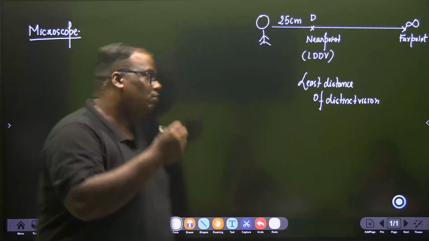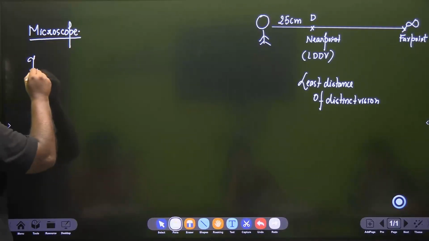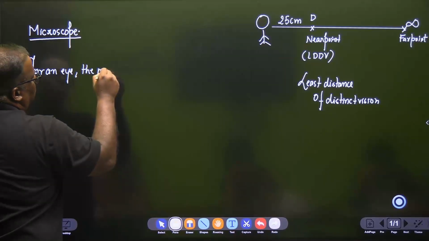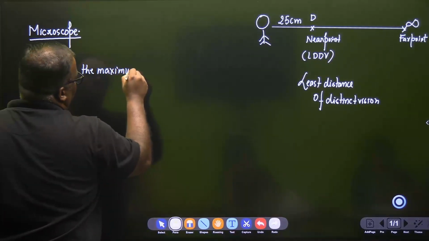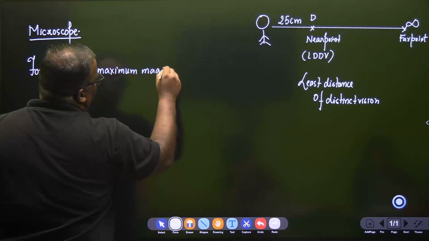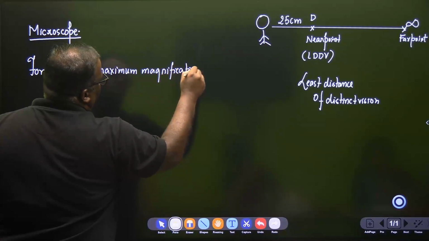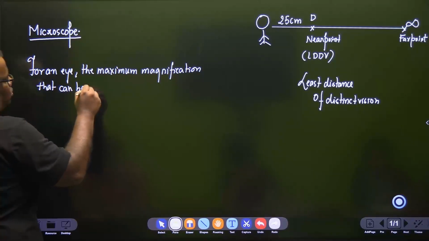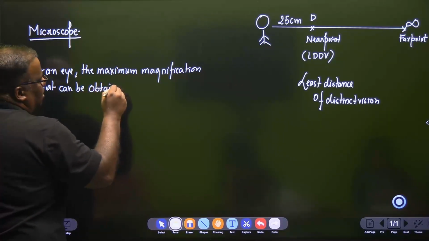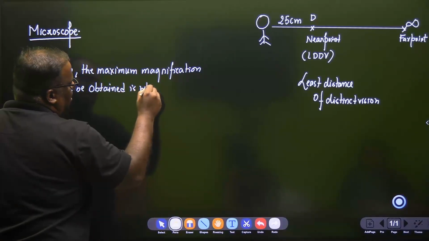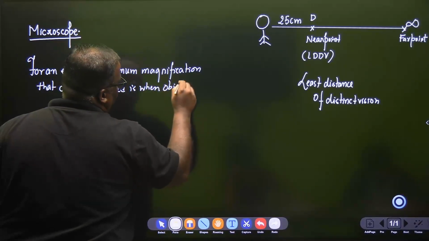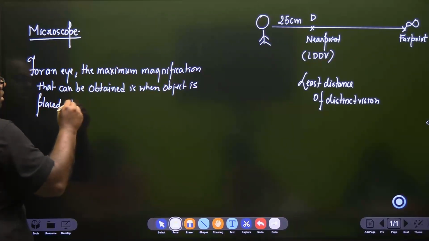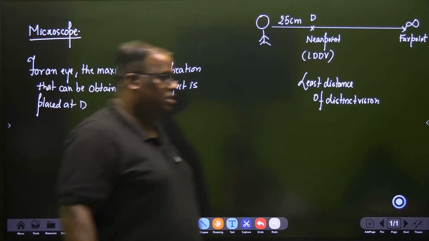Is this understood? For an eye, the maximum magnification that can be obtained is when the object is placed at D. D means the distance of distinct vision.